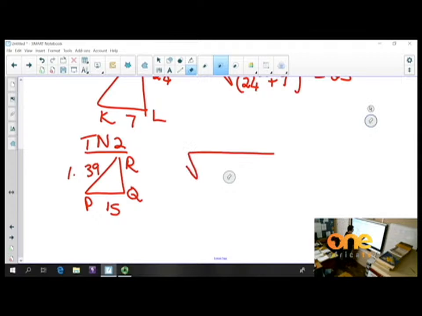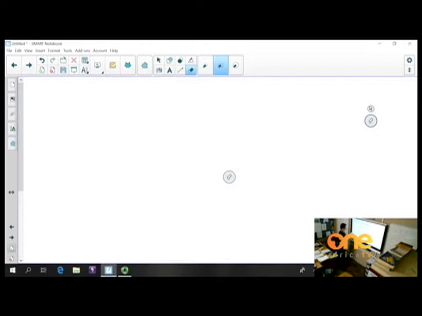So this time it will be 39 squared minus 15 squared. And again, we can do it on the calculator. The square root of brackets, 39 squared minus 15 squared, it will be quite a large number, is equal to 36. So you must just make the decision, am I going to add or subtract? What am I going to do every time, add or subtract?